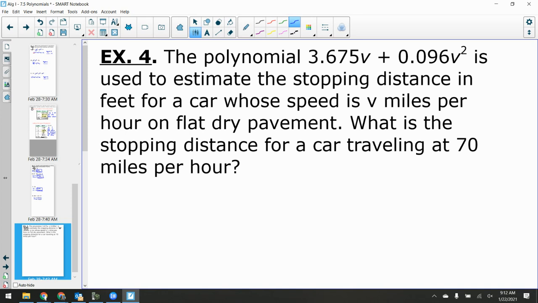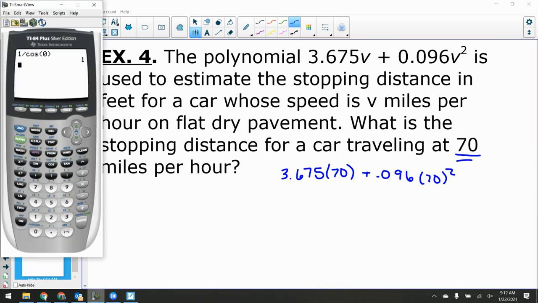70 miles per hour. Well, if v is my velocity or my speed, what do I have to do with this 70? What's that really asking me to do? Just plug it in for v. So this is saying, okay, 3.675 times 70 plus 0.096 times 70 squared.